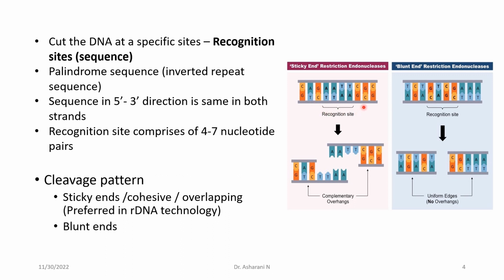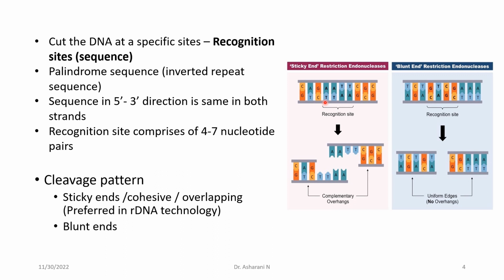Such sequences are known as palindrome sequences. To understand it better, you can use the word Malayalam. If you read from forward and backward, it reads the same. Such types of sequences in DNA are recognized by restriction endonucleases, and that is the place where they act and cut the DNA.